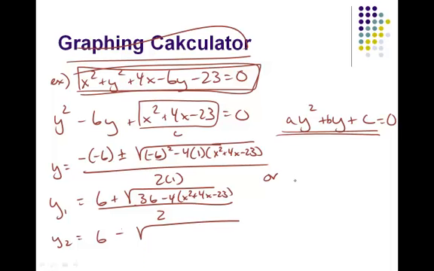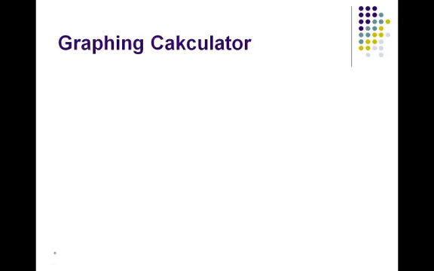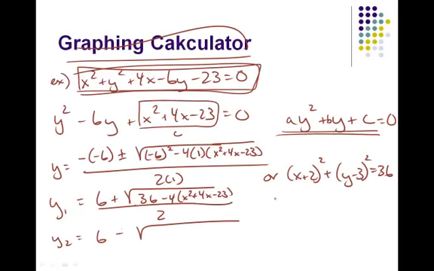Or if I change this back to the standard form that I got, I can simplify this in terms of y by saying (y − 3)² = 36 − (x + 2)².